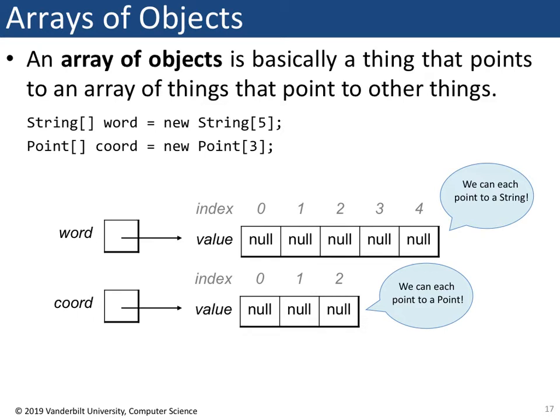So read this statement and understand it. An array of objects is a thing that points to an array of things that point to other things. Convoluted, yes, but completely accurate.